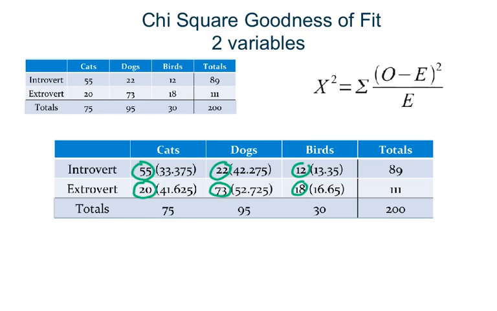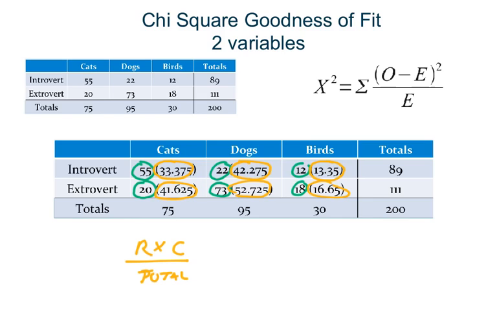Then when we did the row times column divided by total, we get 33.375 expected introverted cat owners, 42.275 expected introverted dog owners, 13.35 introverted bird owners, 41.625 extroverted cat owners, and so on.